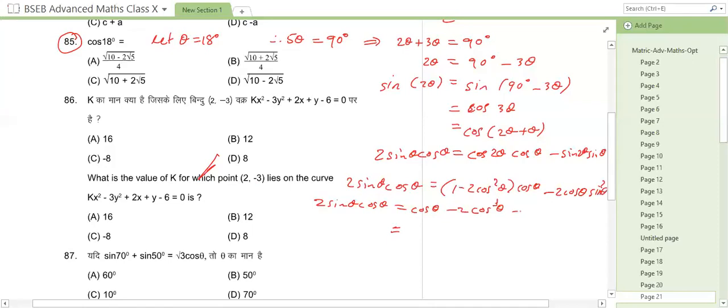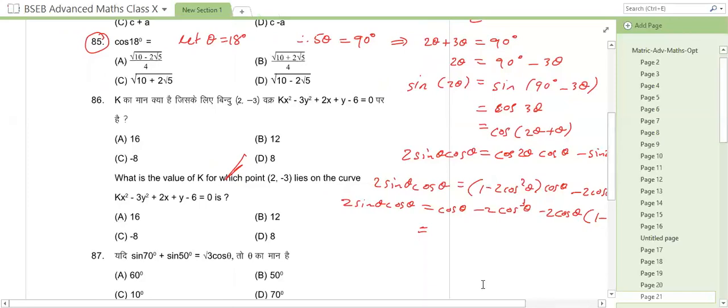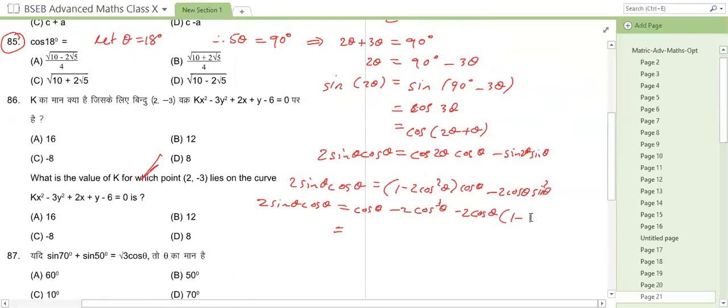So this is minus 2 cos theta into (1 minus ...). Remember the expansion for sine squared theta, which is 1 minus cos squared theta.